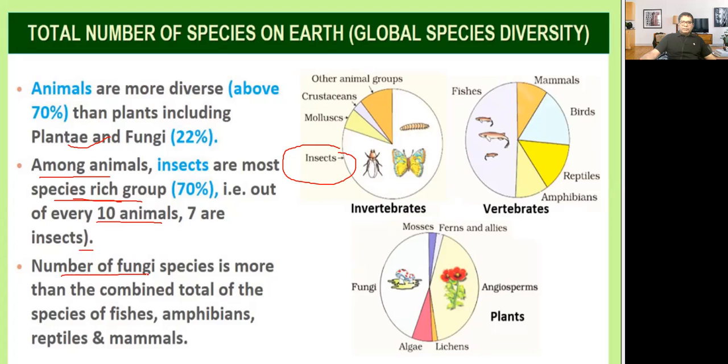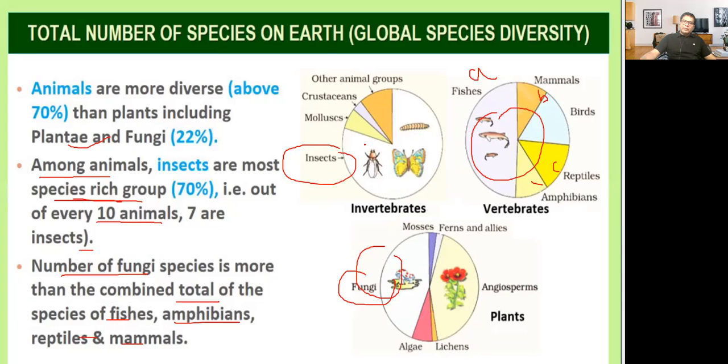The number of fungi species is more than the combined total of species of fishes, amphibians, reptiles, and mammals. Sometimes a question gives options A, B, C, D, and you have to identify them.